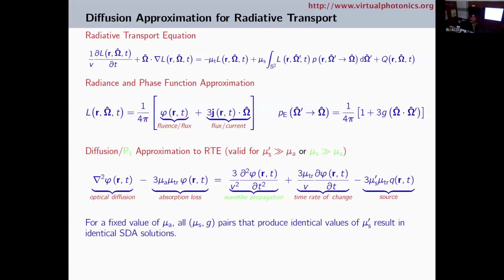I think a lot of our field has transformed to using lookup tables, right? Because you can run tons of Monte Carlo simulations specific to the geometry of your situation. You do it over a matrix of optical properties and you do table lookup, which is fine. Things like in time domain in the brain, they still use diffusion approximation quite a bit because doing that table lookup is a lot more difficult.